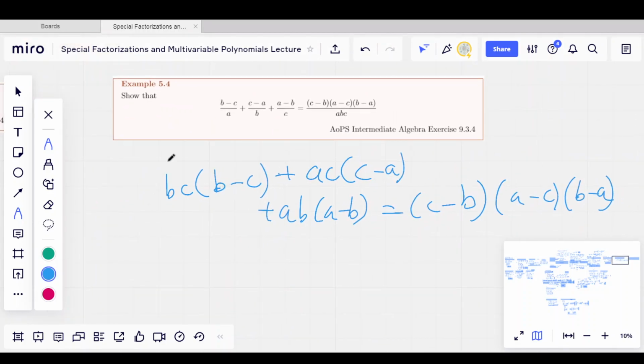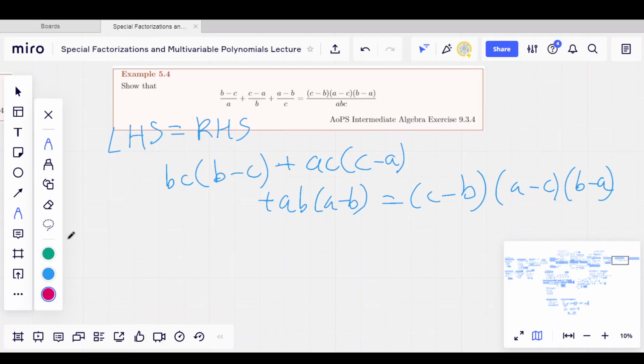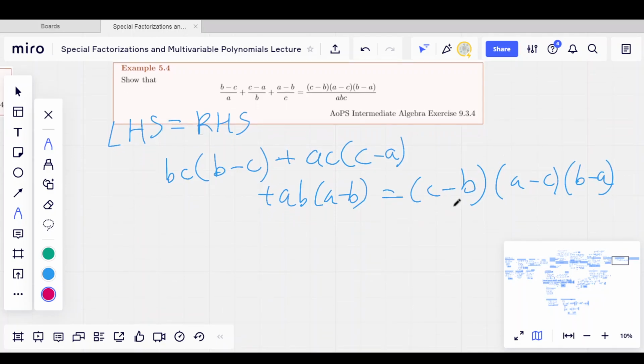And up to this point, you really don't need to do so much work. You just need to verify that the left-hand side is equal to the right-hand side. This is very easy to do. You just need to find a degree. So obviously you can just expand the first term, and then b squared c has degree 3. You can also try expanding the other terms, but the degree of the left-hand side is 3.